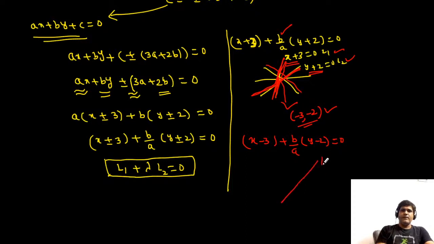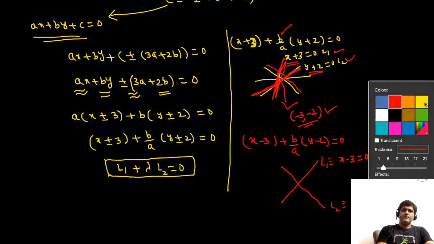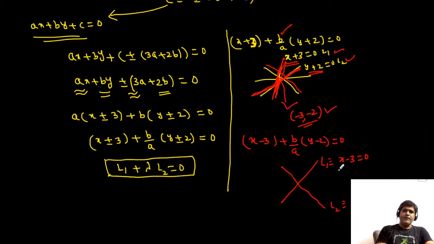Here L1 is x − 3 = 0 and L2 is y − 2 = 0. Through the point of intersection of L1 and L2, b/a is the parameter λ. How many lines pass through this point? Infinitely many.